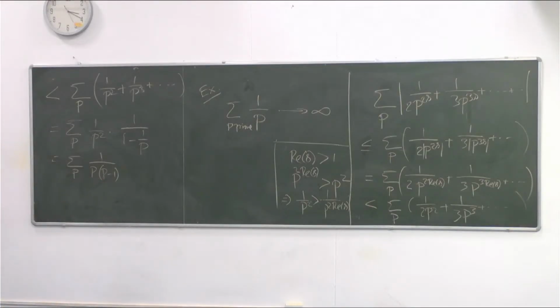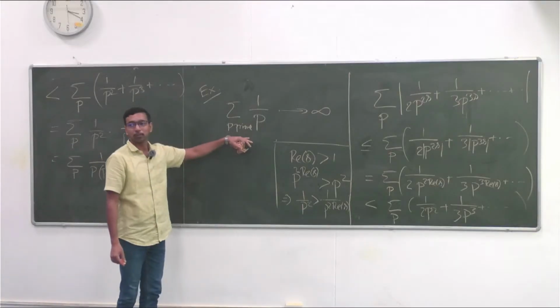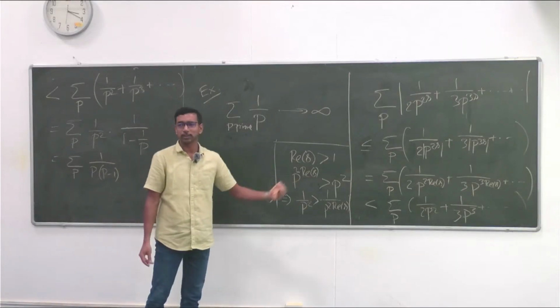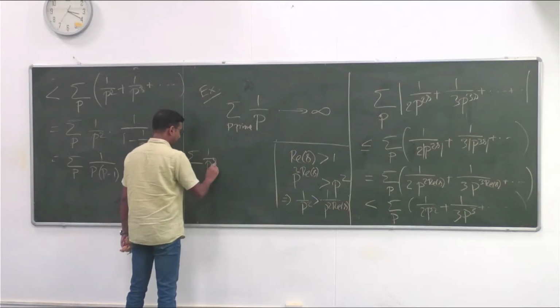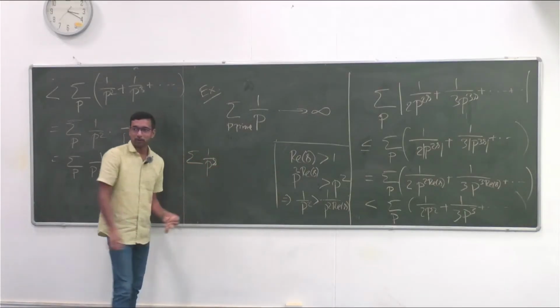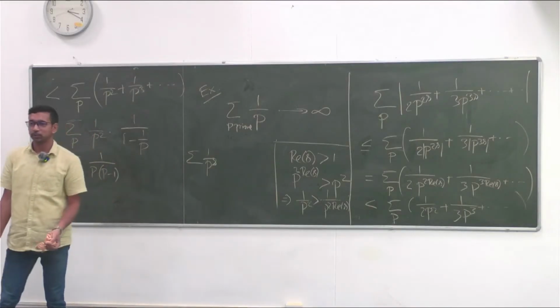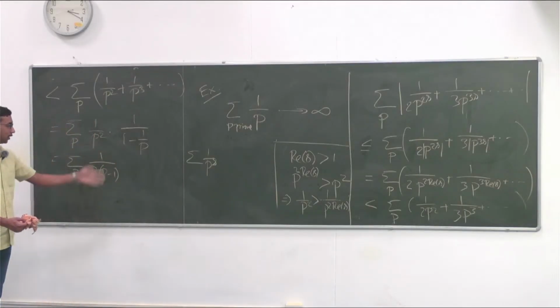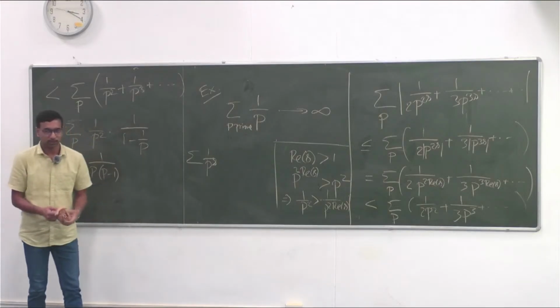That shows that except for the summation of 1 by p power s, the rest of the terms remain bounded, right? The left hand side shoots up, I mean, it goes to infinity. So the right hand side should also go to infinity. Very nice.